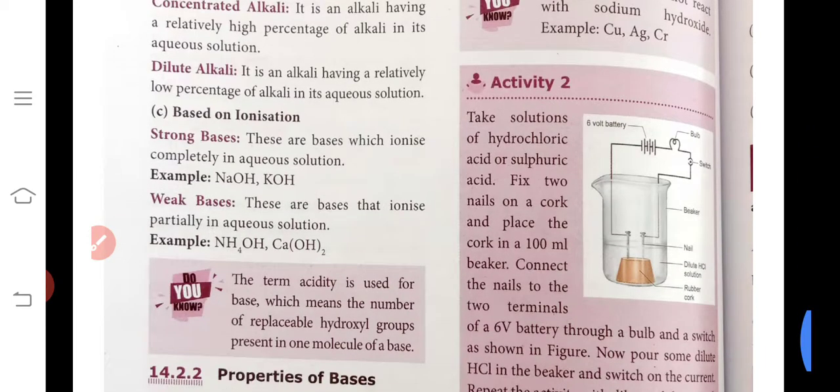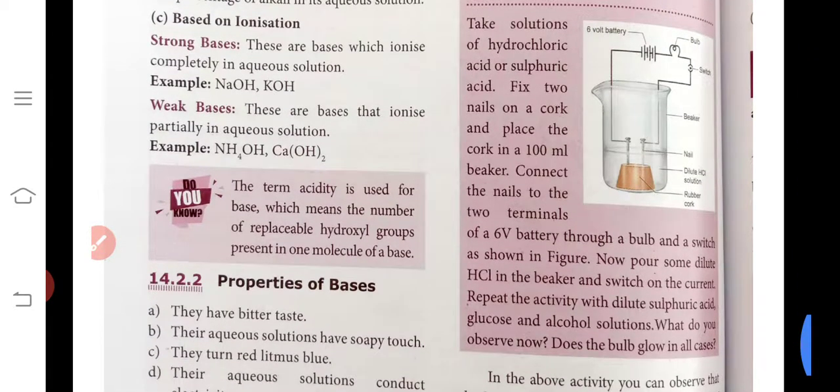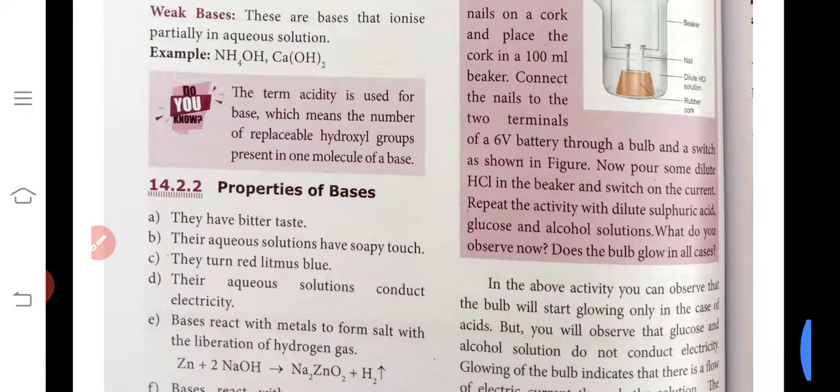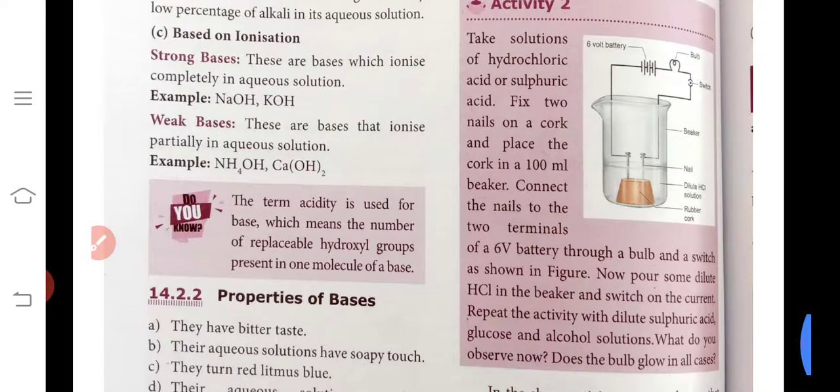See these activities and read them. Take solutions of hydrochloric acid and sulfuric acid. Fix two nails in a cork and place the cork in a 100 ml beaker.